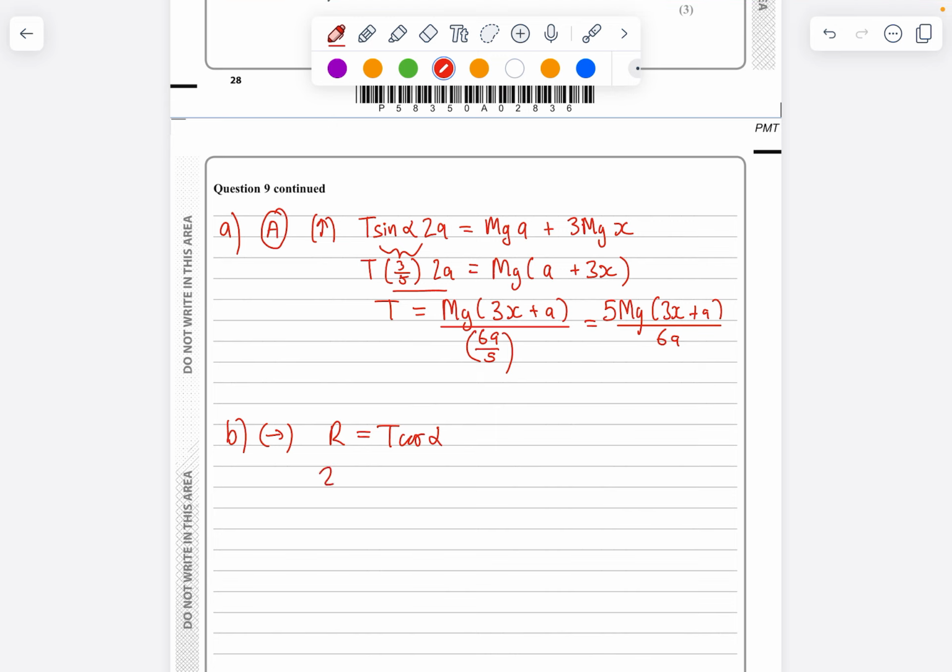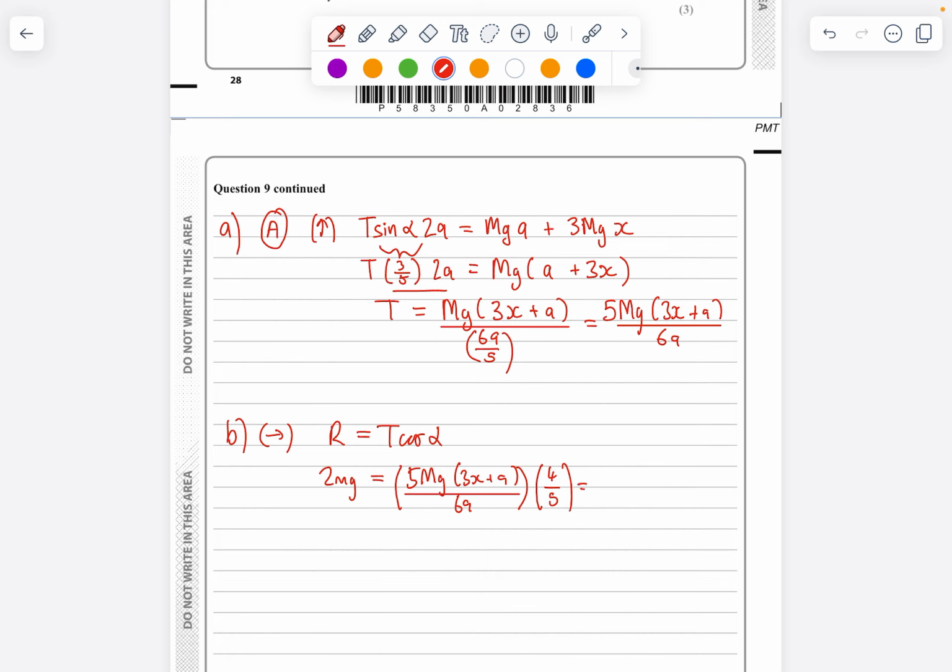They just told me that R is 2mg, and that has to be equal to T, which we just found is 5mg(3x plus a), all divided by 6a, times cos of alpha, which again comes from our triangle that we worked out earlier. So that's 4/5.